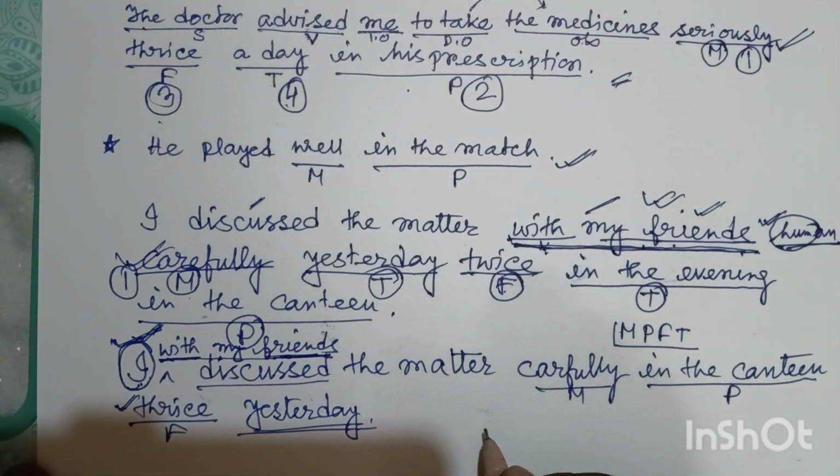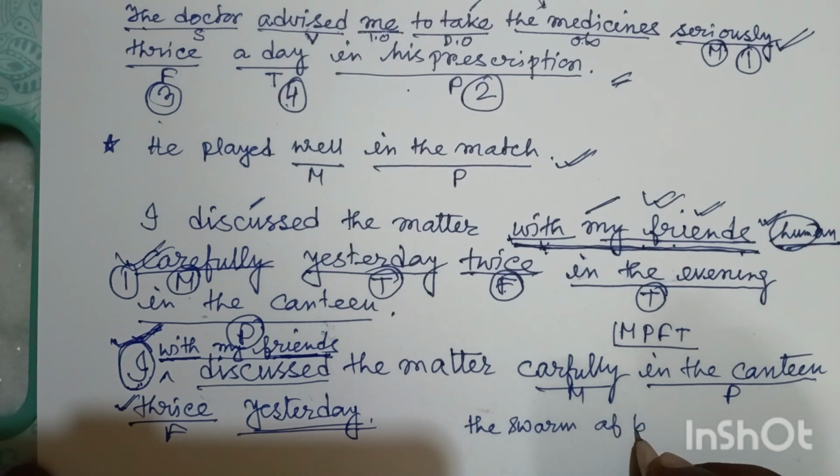Just like this one you have seen in the usage of collective nouns, you have seen the swarm of bees. Bees is the object of this preposition.